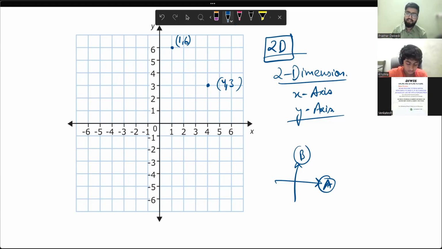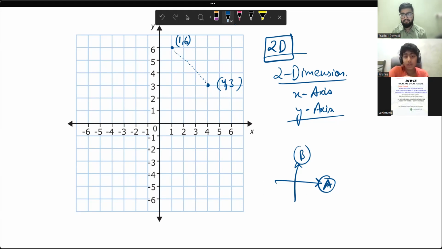If you connect the two points, that is the distance between them, and if we draw a triangle, which is the rise and the run, we can calculate.